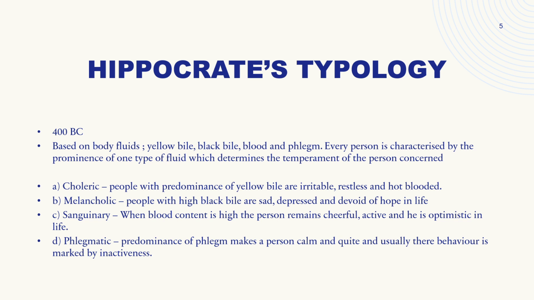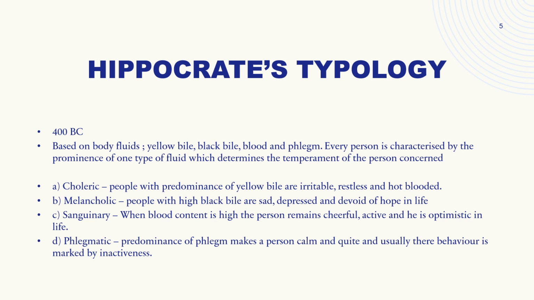Those persons remain cheerful, active and optimistic in life. Fourth is the phlegmatic type. It involves predominance of phlegm, and those persons appear calm, quiet and usually their behavior is marked by inactiveness. Rather we call them lazy type, relaxed type.